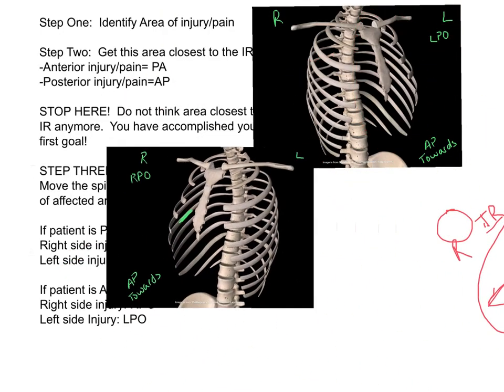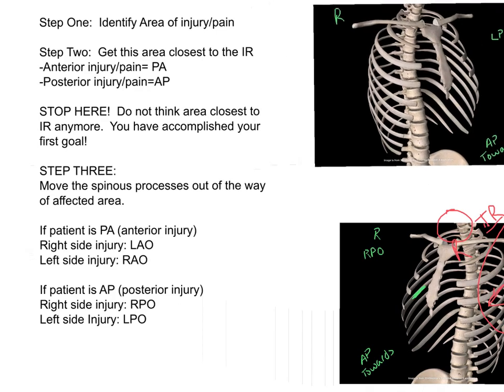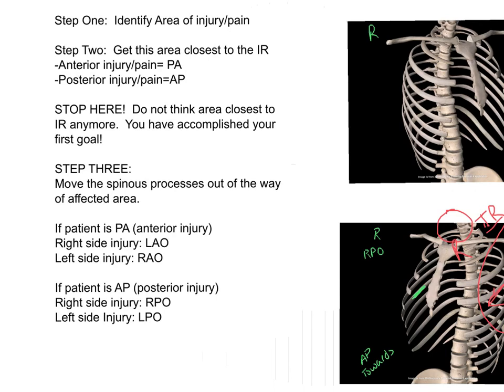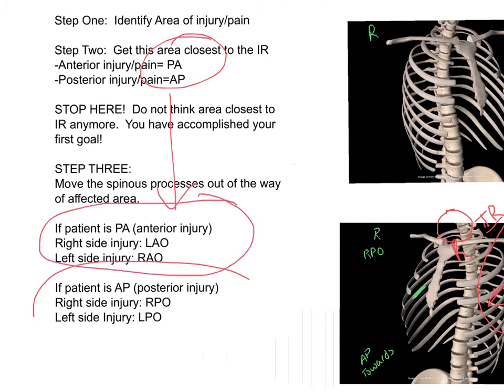Move that out of the way and that out of the way. Remember, if you start thinking too much about closest to the IR, hold on, that's step 2, because it comes the opposite, step 3. We are worried about getting the side of interest elongated and the spinous processes out of the way. So what will this look like?